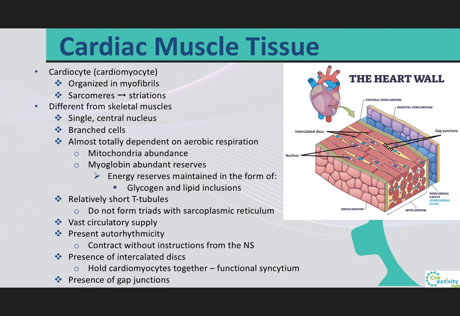We did talk briefly about cardiac muscle tissue when we discussed the different types of tissues in ANP1, and the cells that form the cardiac muscle tissue can be called either cardiocyte or cardiomyocyte, where the added word myo just means muscle. From the image, we will notice that these cells will contain a single central nucleus.